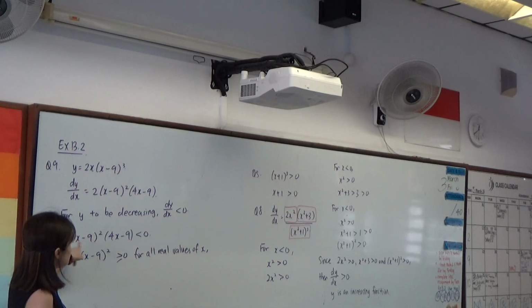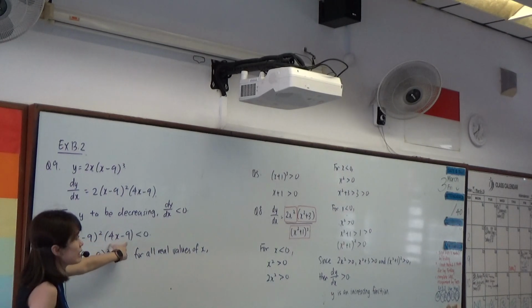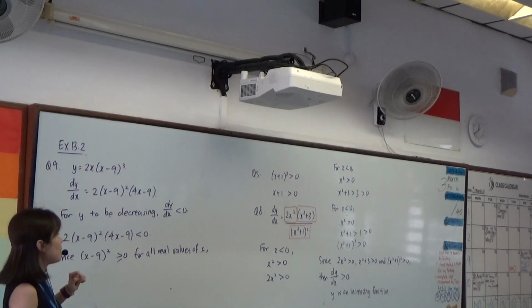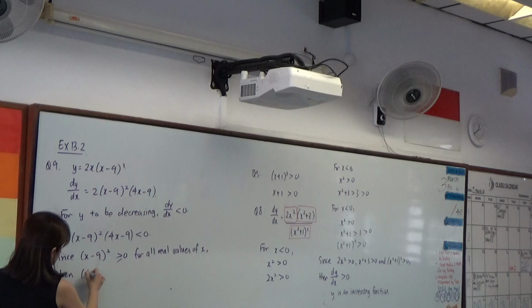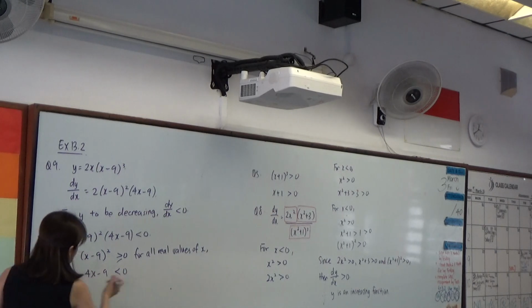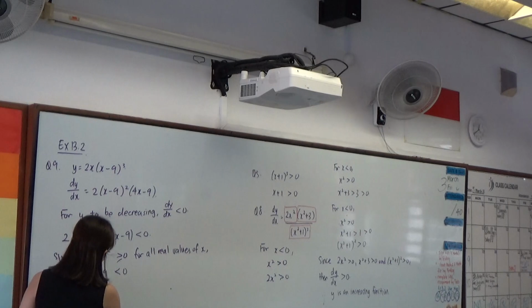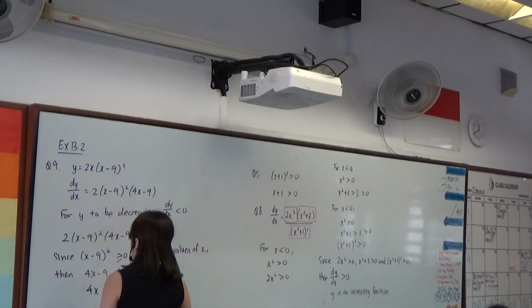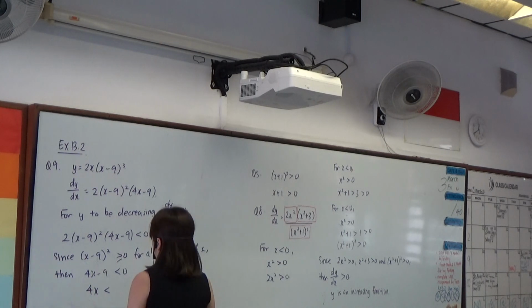That means that in this product over here, 2 times (x minus 9) squared times (4x minus 9), the only thing that can be negative will have to be 4x minus 9. So we say that 4x minus 9 is less than 0. And then, sorry, hang on. Something doesn't look right.